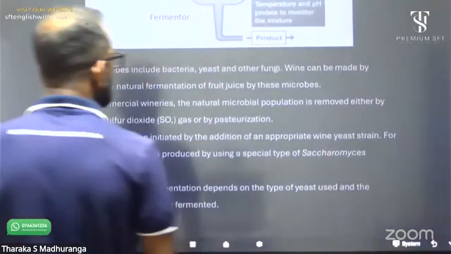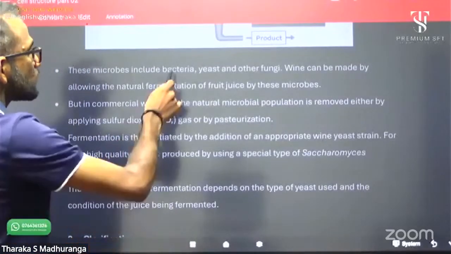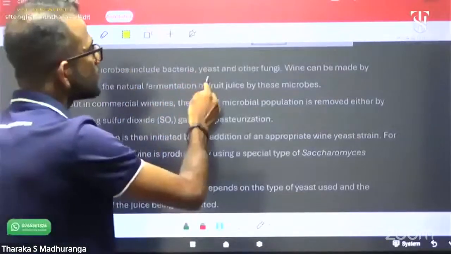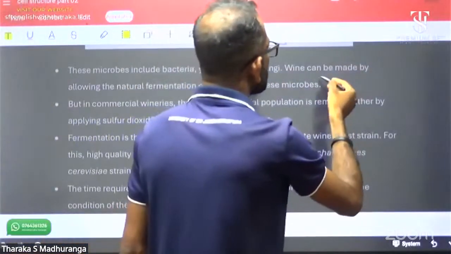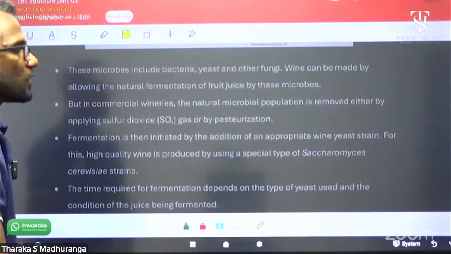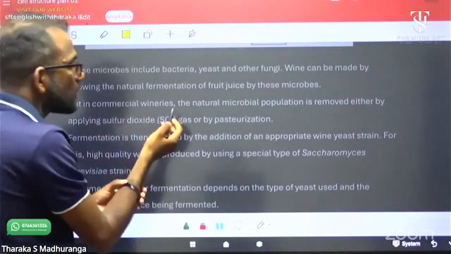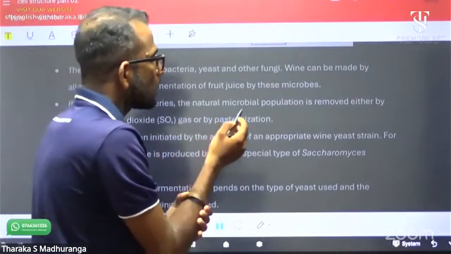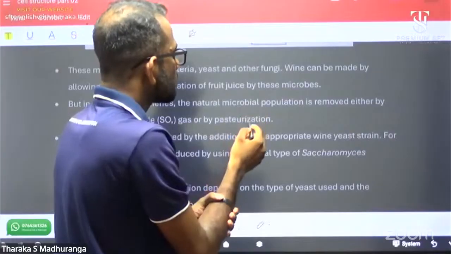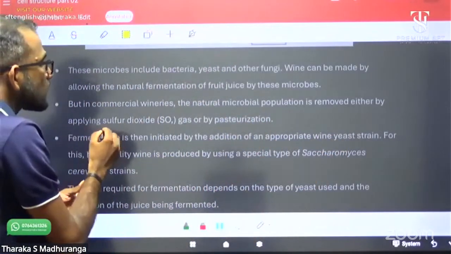For this process, we have different methods. These microbes include bacteria, yeast, and other fungi. Wine can be made by allowing natural fermentation. But the problem is, in commercial wine production, the natural microbial population is removed by applying sulfur dioxide.